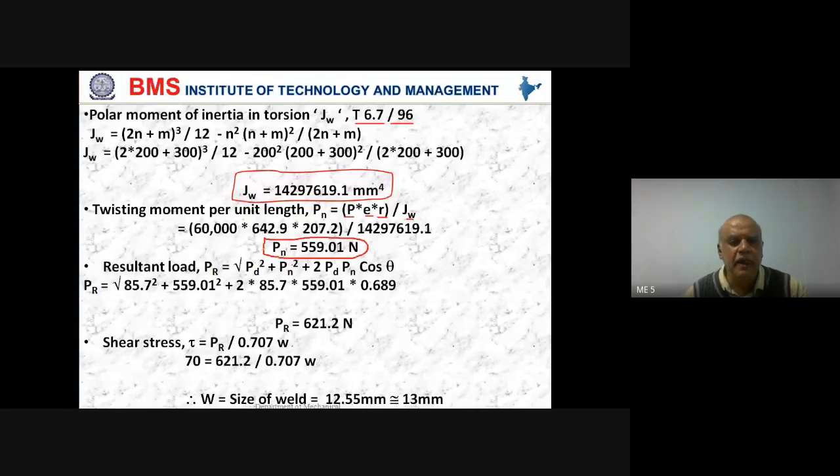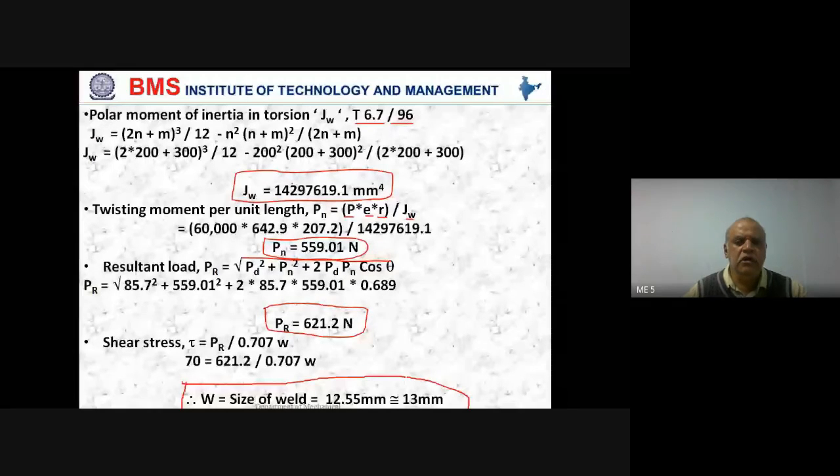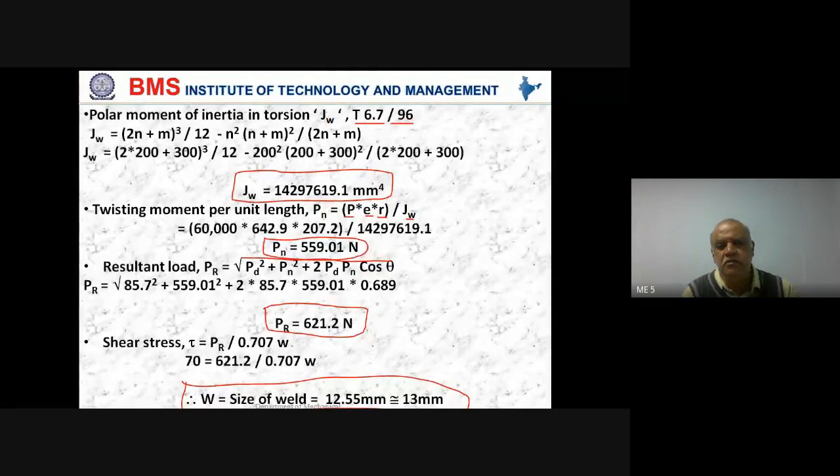Anyway, then find out resultant load PR. This is going to be PR. Then find the size of the weld. Complete this. Once you say yes, we will go to the next problem.